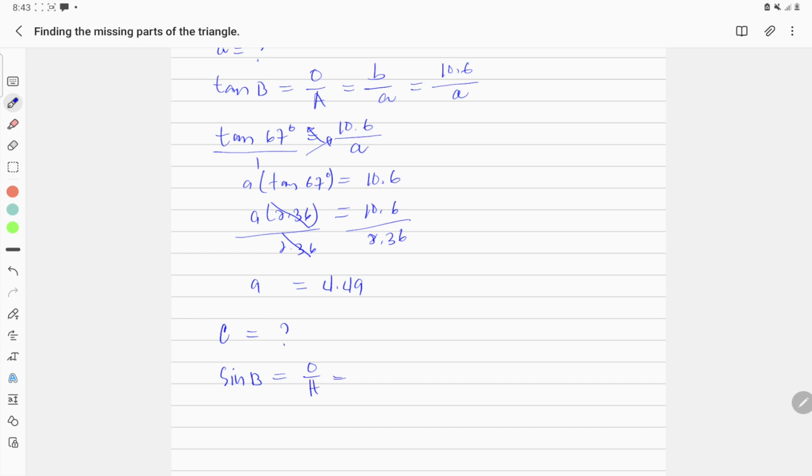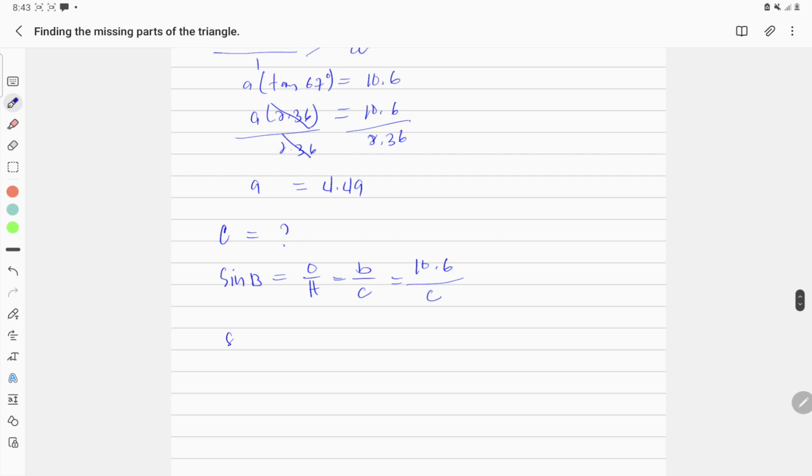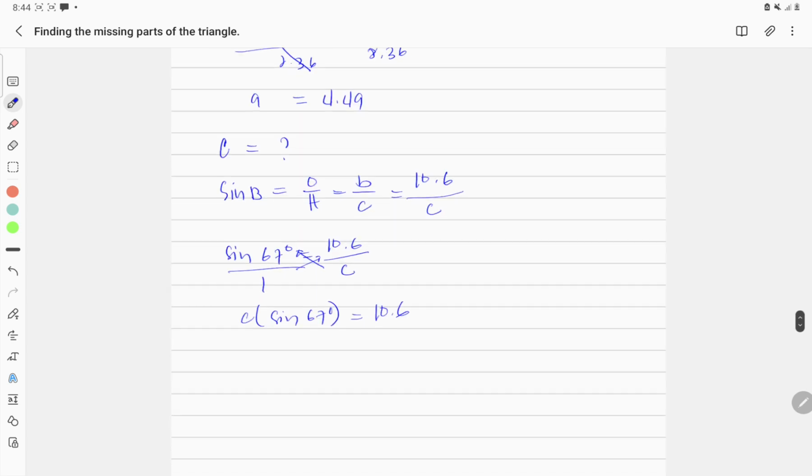In our case, this is B over C, and B is 10.6, so sine B, which is 67 degrees, is equal to 10.6 over C.